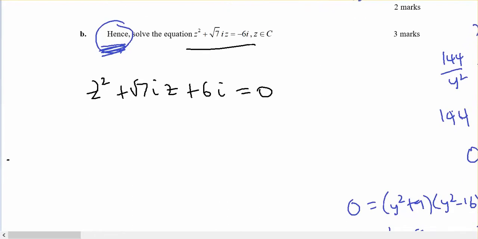I'm going to use the quadratic formula. Quadratic formula tells me that z will equal minus b.